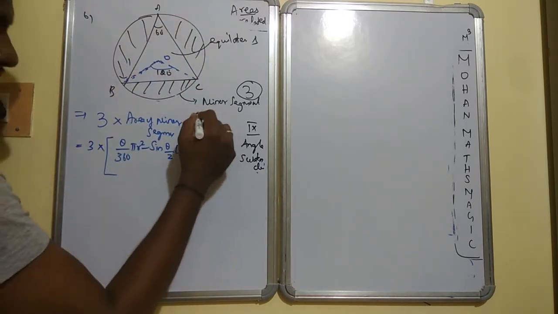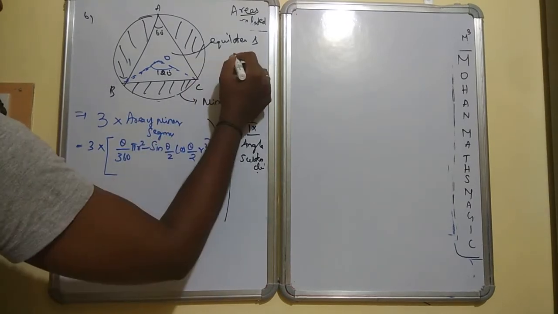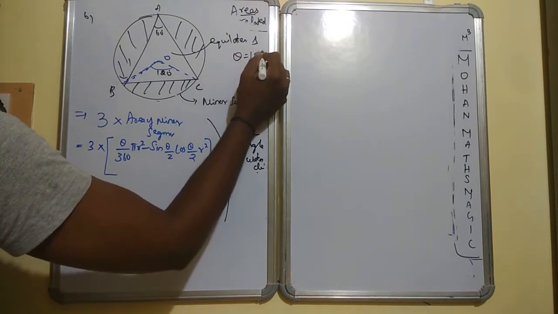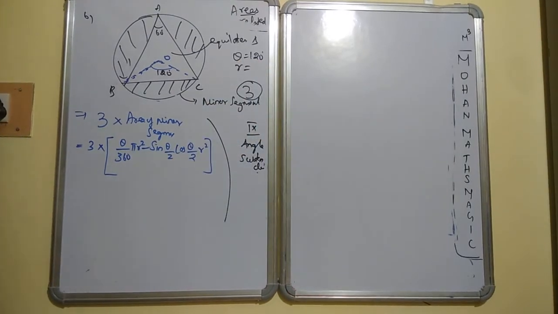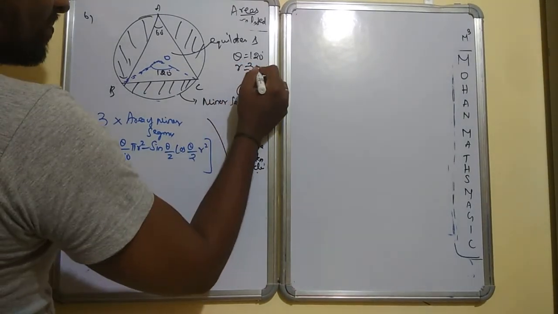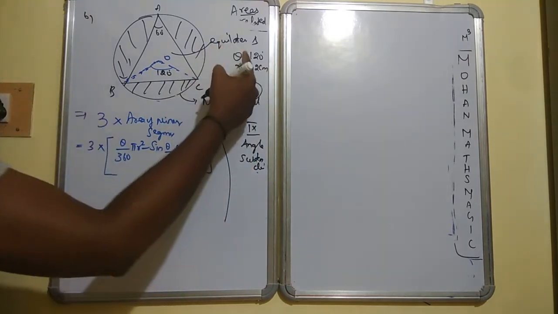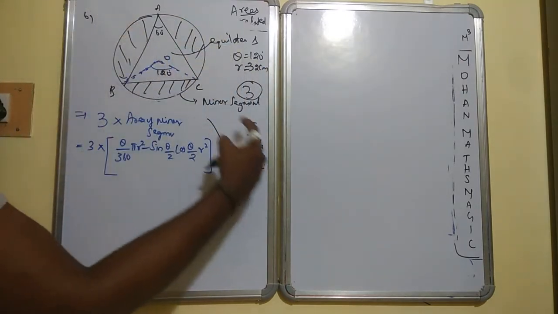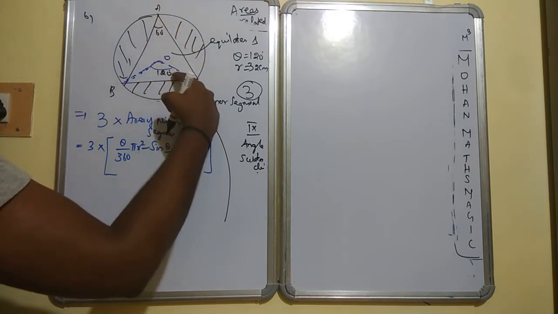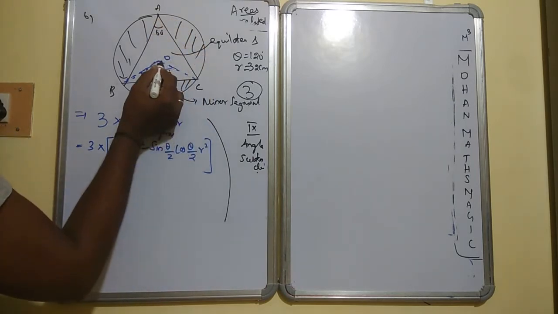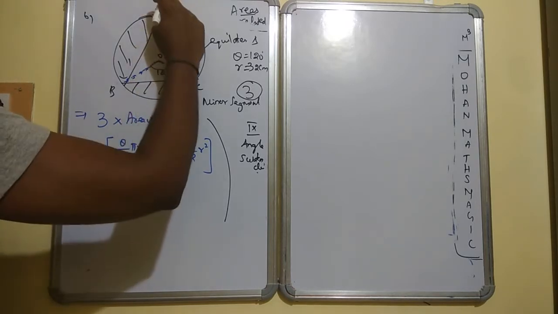So the very important point is the theta value is not 60 degree, it is 120 degree, and the radius value is given in the textbook itself, 32 centimeter. Theta value, I repeat one more time: by the angle subtended theorem, if this is 60 degree, this will be double, 120 degree, because the segment region should come from the center, not from point A.